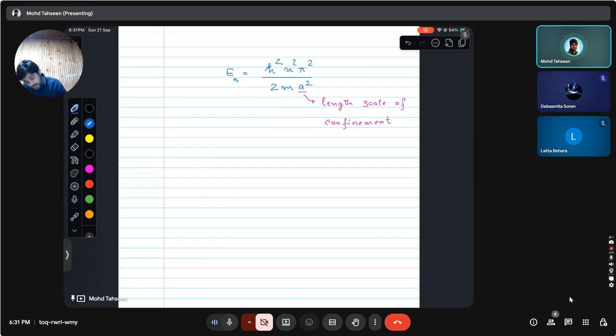We also had an equivalent relationship in terms of k, which was h cross square k square over 2m. This was an equivalent relationship between the energy and the wave vector, and here k is the quantized de Broglie wave vector.